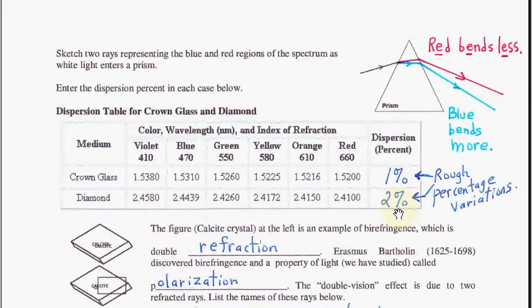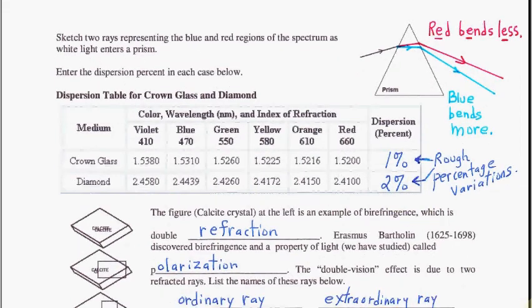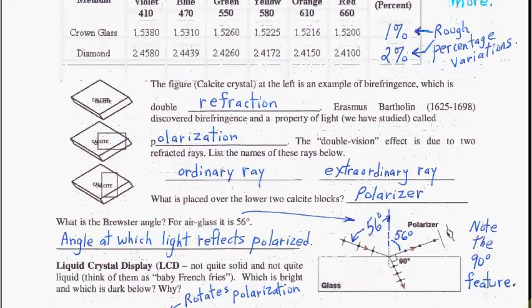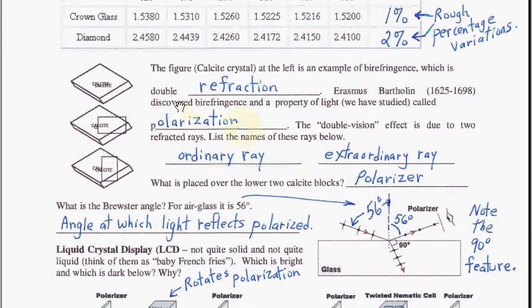Bartholin discovered this property, where when the light travels into the calcite, the velocity of light inside calcite is different depending on whether the wave has a polarization, say vertical versus horizontal, or you can orient the calcite so we can look at horizontal and vertical as the 2 main polarizations. The bending of the light, the refraction, will be different, and the light will split up. You get a double image.